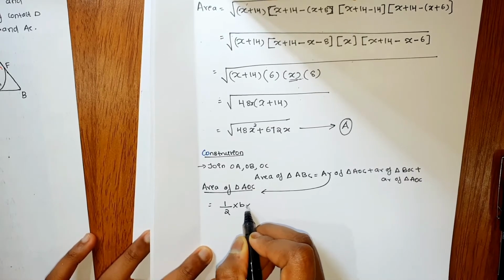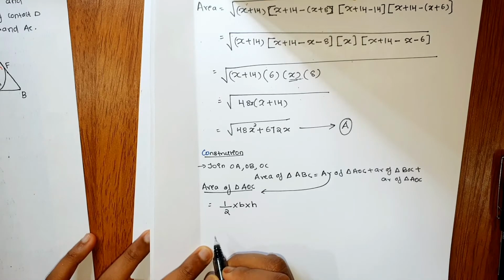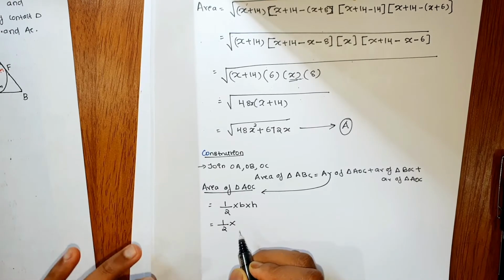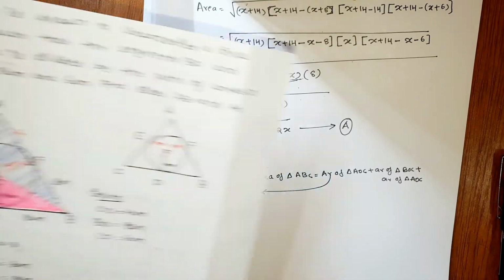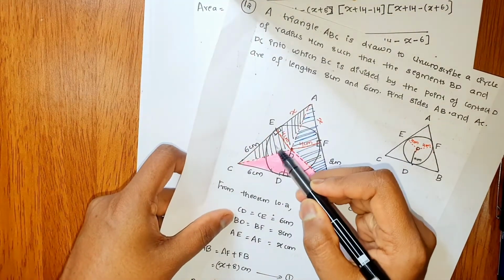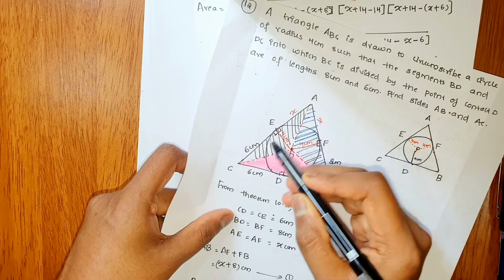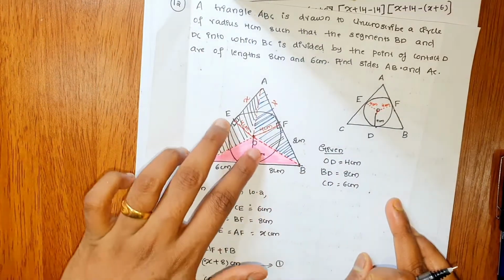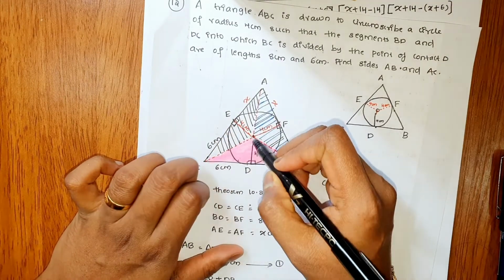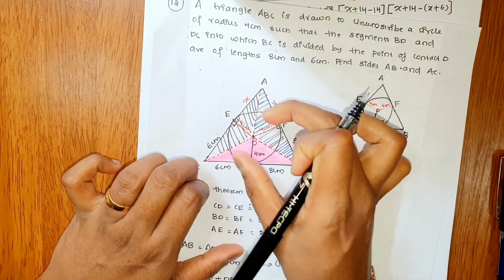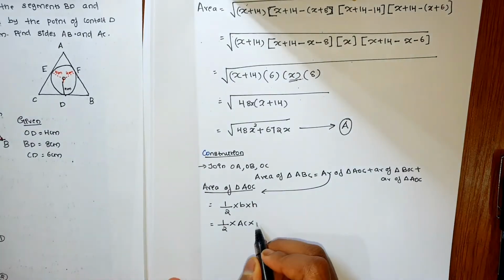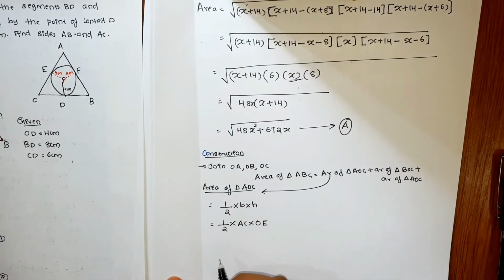Half into base into height, because it is a right angle triangle. The base is AC into height, a perpendicular height, OE.